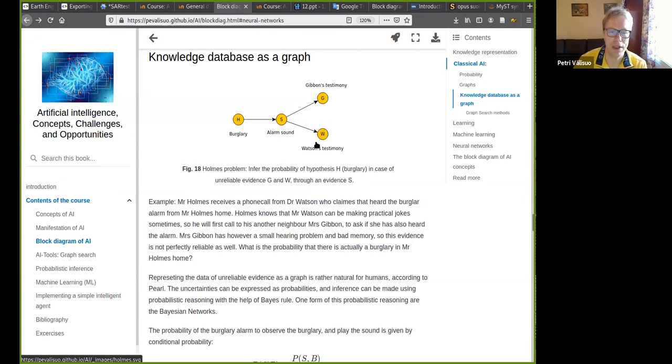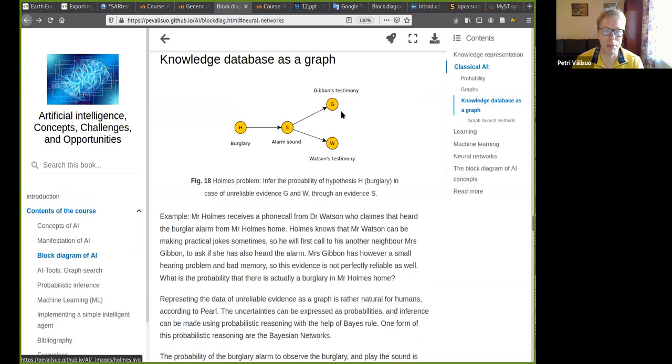So if some of these persons hears an alarm sound, at a certain probability, we can also conclude that there was an alarm on in this house, and at a certain probability, there was a burglary. And if this Mrs. Gibbons also heard this alarm sound, it makes this hypothesis of burglary more probable. But if she didn't hear it, then it makes it less probable.